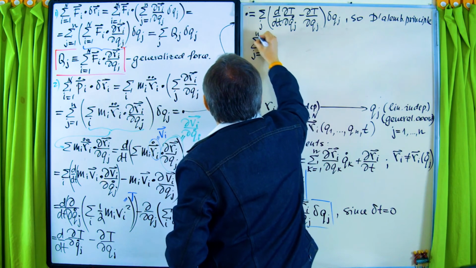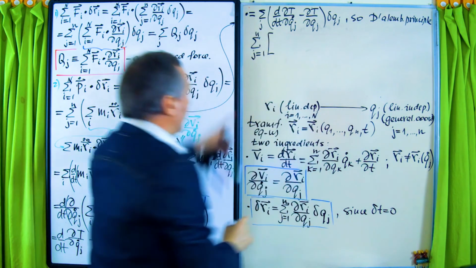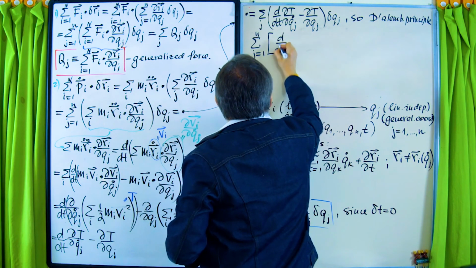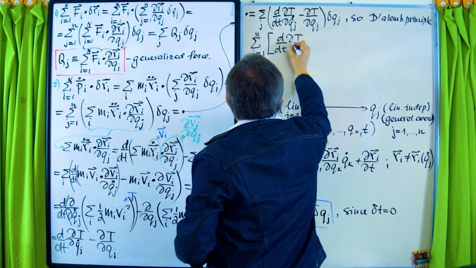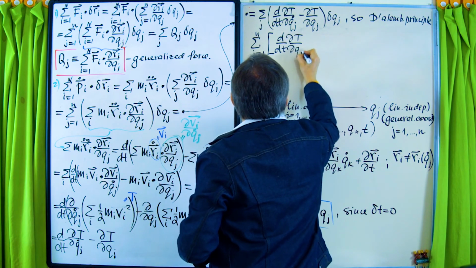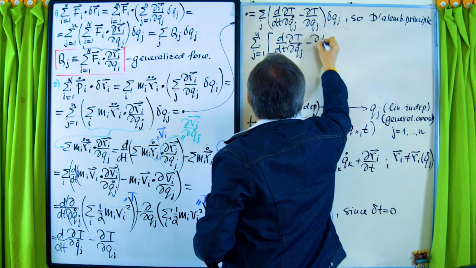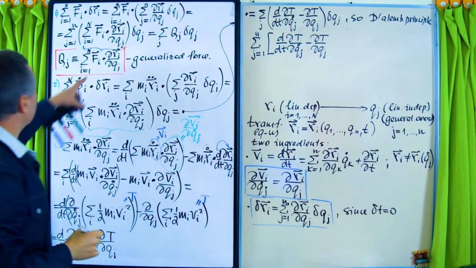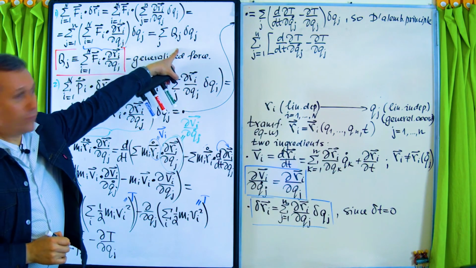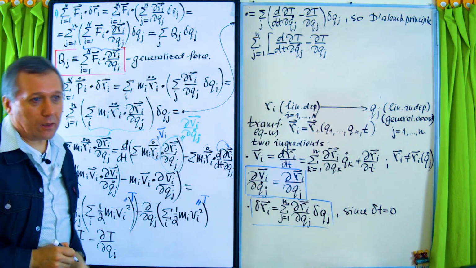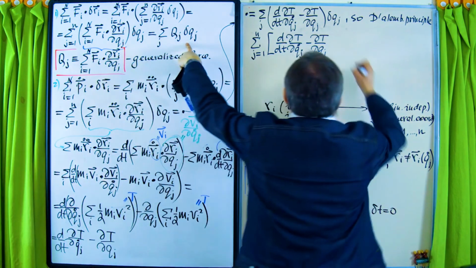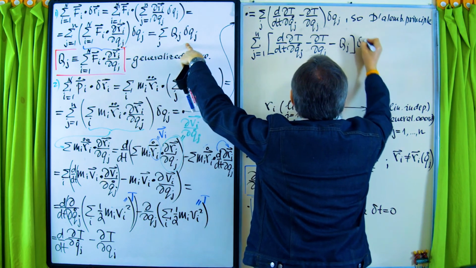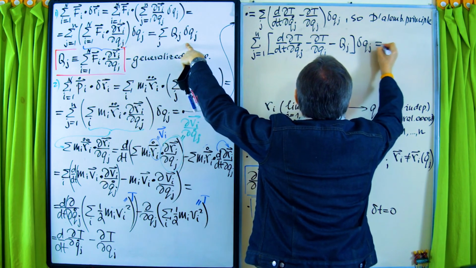That's what we wanted. Now in the bracket, I will first write that term as I want. d over dt partial derivative with respect to qj dot minus partial derivative of T with respect to qj. And now minus this generalized force with delta q. So minus Qj, and delta q goes outside, and it must be equal to 0.